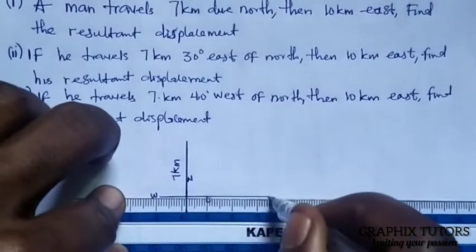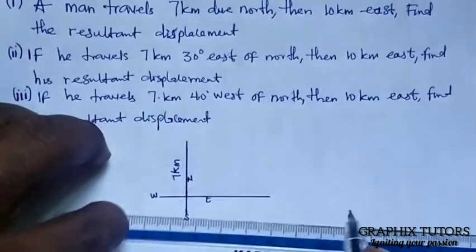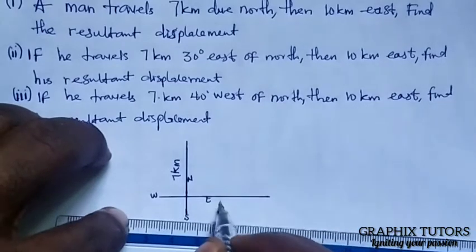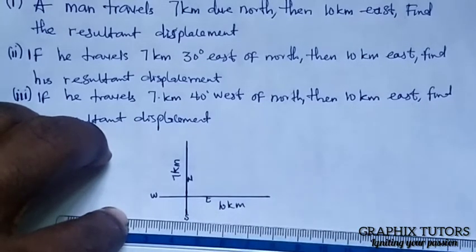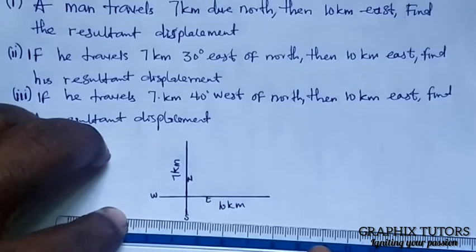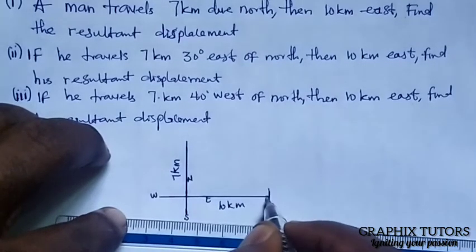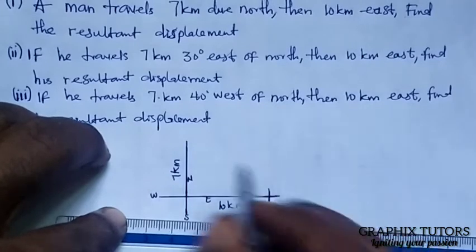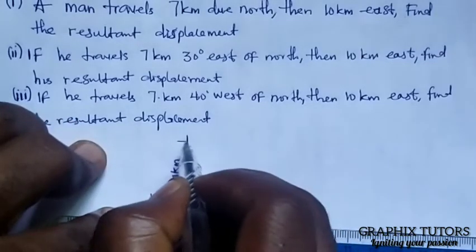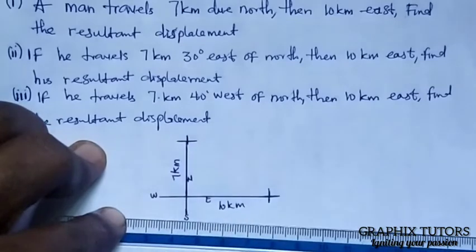Now we're having this. So it says 10 km, right? So he's stopping at this point here, looking for his direction, where to go to. This is where the man is. Now, next we should look for displacement.